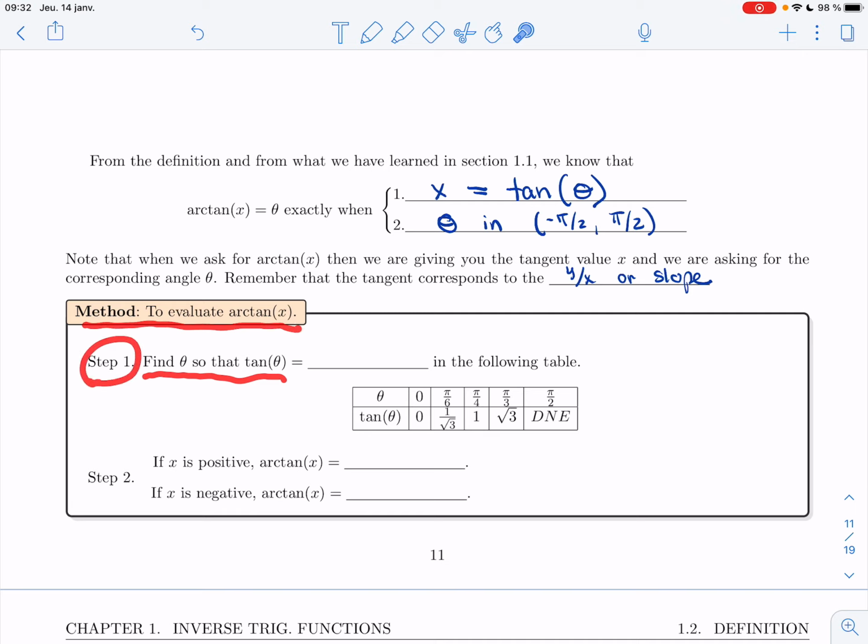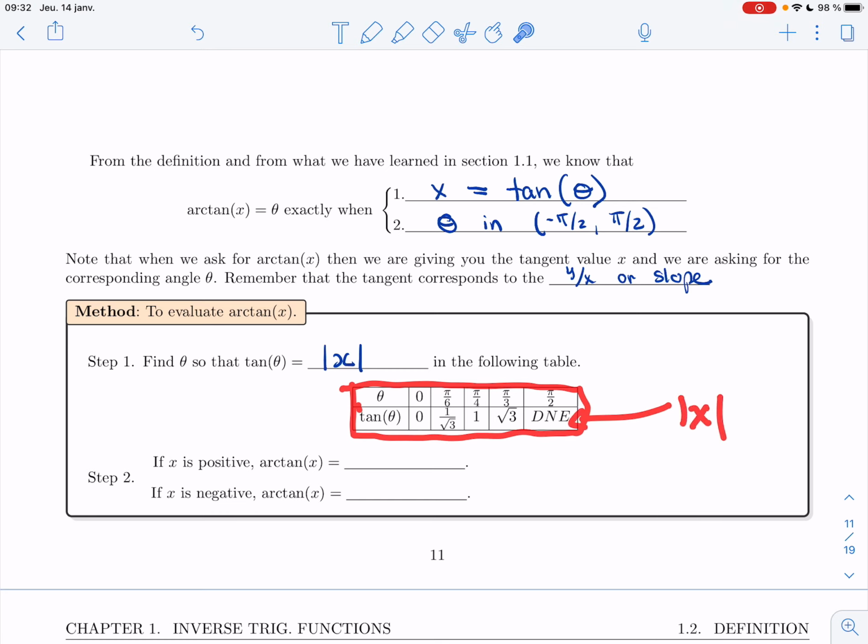All right, so here is the method to evaluate arctan of x. Step 1, find theta so that tan theta is the absolute value of x. So just like before, positive values are easier because we have our little table, and you find tan theta in this little table. So whatever x is, you look for the absolute value of x in this one, and you'll get the corresponding theta here. If x is positive, then the value you found is the correct one, and you just put it in.